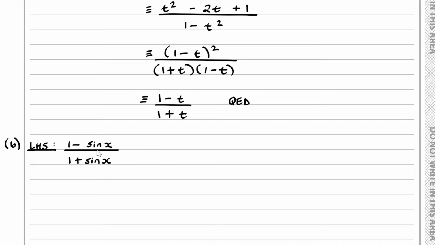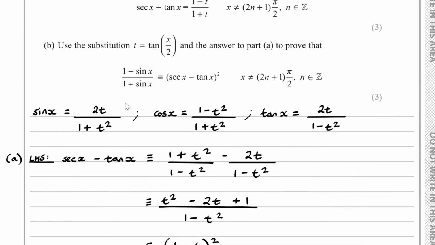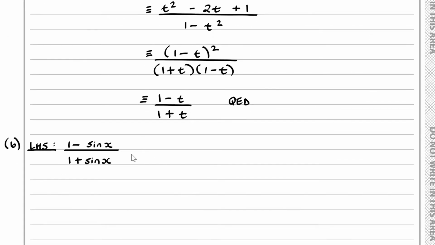Using our substitutions for sine x, that's 2t over 1 plus t squared, we have over here 1 minus 2t over 1 plus t squared, and on the bottom we have 1 plus 2t over 1 plus t squared.